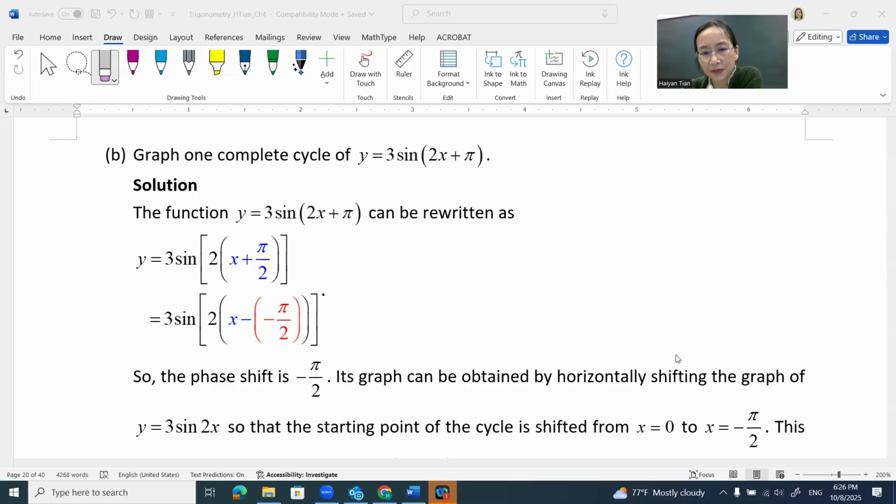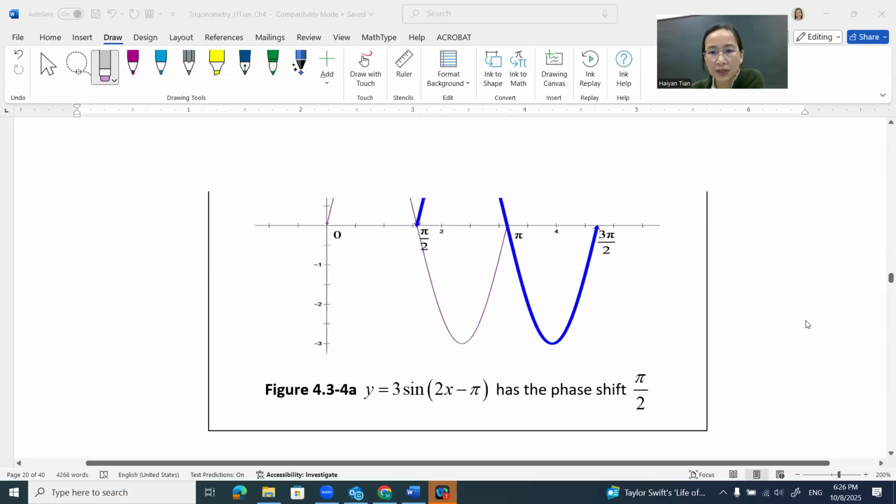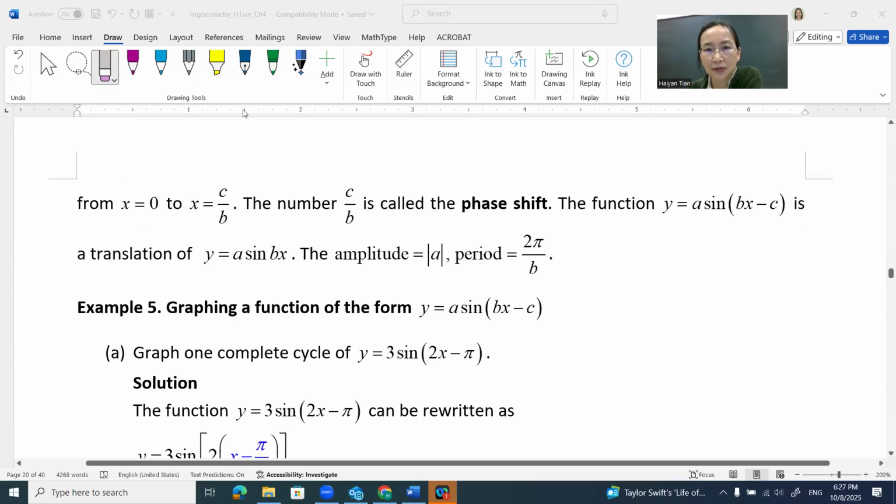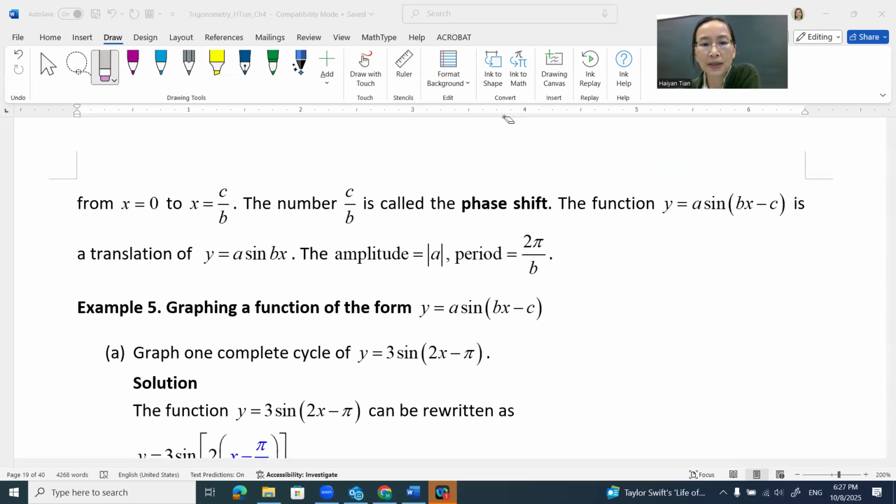So the phase shift is the number you get once you can write the function into that form, to fit the form. Yeah, so this is the phase shift. It's by definition, right?